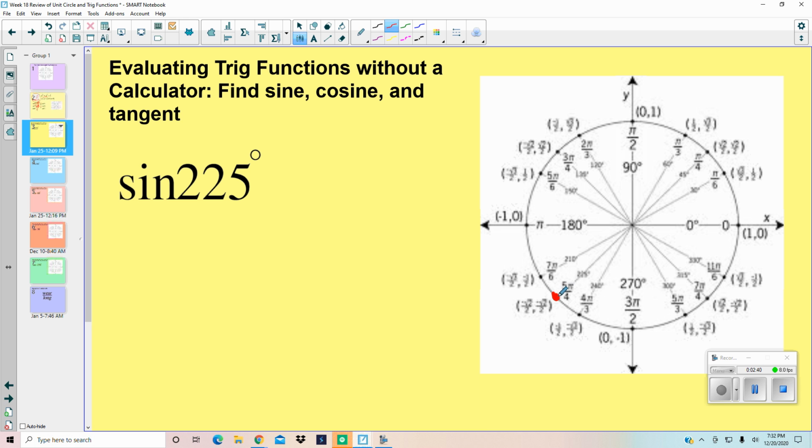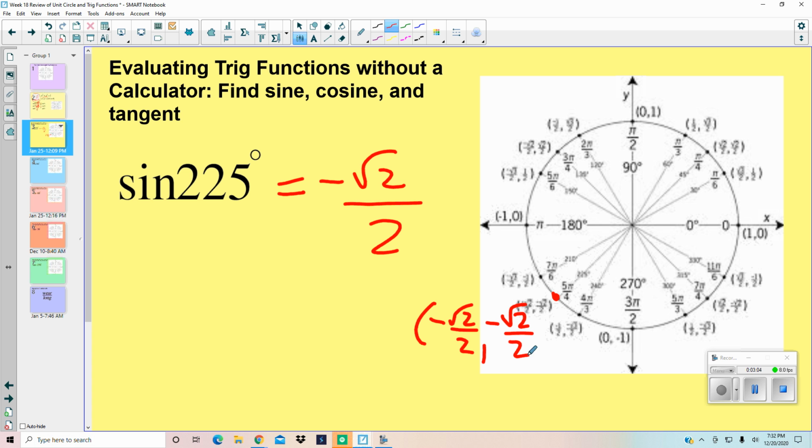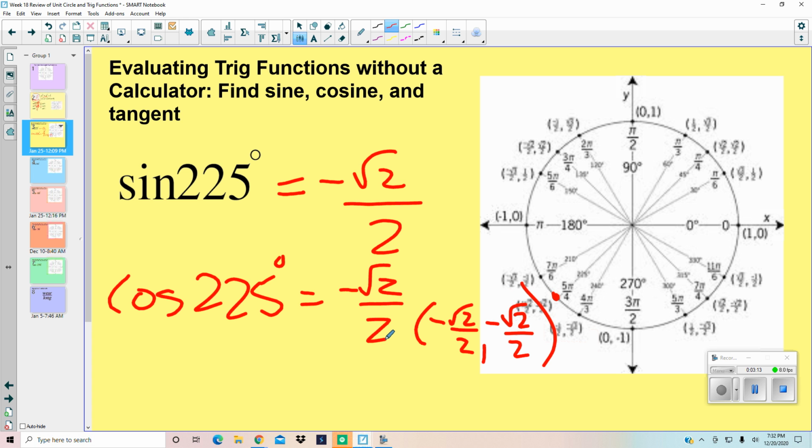And then the sine of 225 gives me negative root 2 over 2. Because the ordered pair at 225 is negative root 2 over 2, negative root 2 over 2. Okay, so the cosine of 225 degrees would also be negative root 2 over 2 because the x and the y coordinates are the same there.